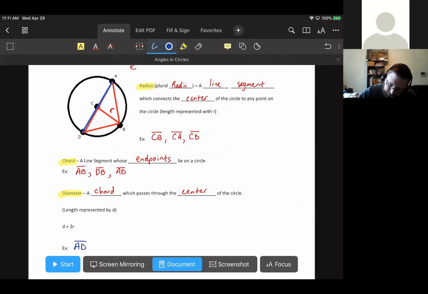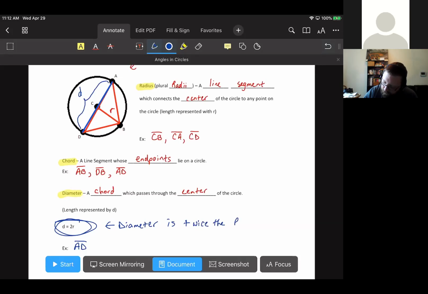And the length of that line segment is the diameter of the circle, which we represent with little d. Remember that diameter is twice the radius. Okay, so that's all the information we had in place from before.